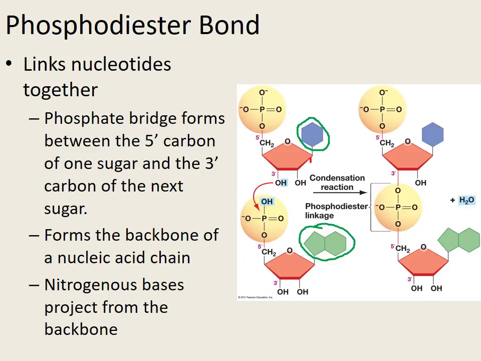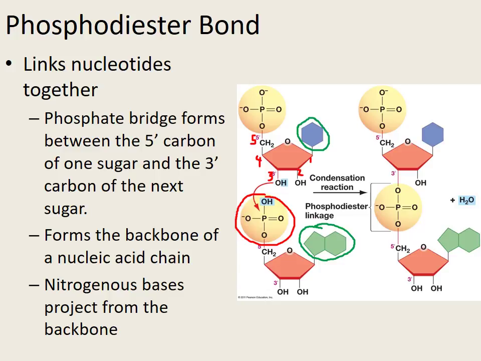So 1, 2, that's already labeled. 3, 4, and then here's the 5th one. Now the reaction occurs between the phosphate group of one nucleotide and the hydroxyl group that's found on the 3 carbon of the sugar of the next nucleotide.